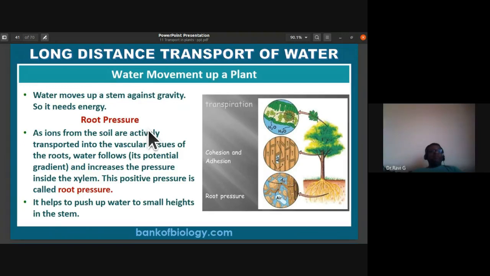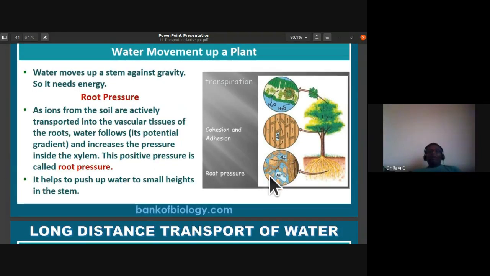Anyway, let us understand what root pressure is. As the mineral ions and others from the soil are actively transported into the vascular tissues of the root, water follows its potential gradient and increases the pressure inside the xylem.